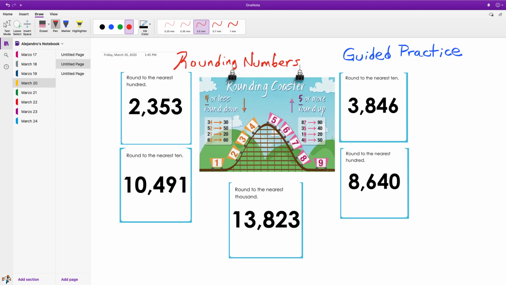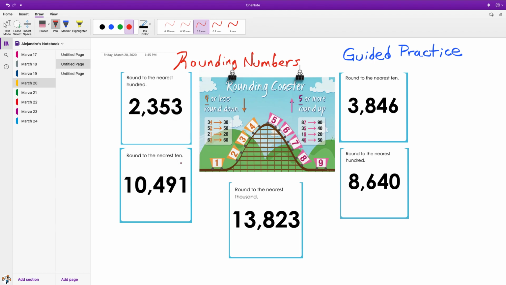You can pause the video if you want, so you can use this visual for the homework. Once again, 1, 2, 3, 4 go down, 5, 6, 7, 8, and 9 go up.